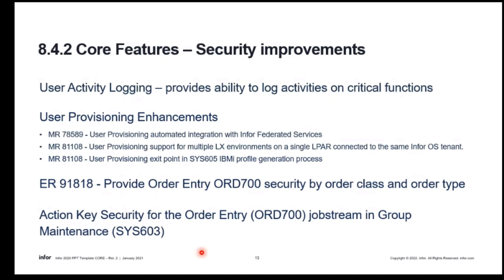I mentioned IDF and why we like it, because it allows us to build a very comprehensive security model around any particular process. But even for our traditional programs that we still use, we can improve the security through what we call action code security and function key security. That means on a given screen, what actions the user can take and what functions the user can access, and we never did that for Word 700 after all these years.